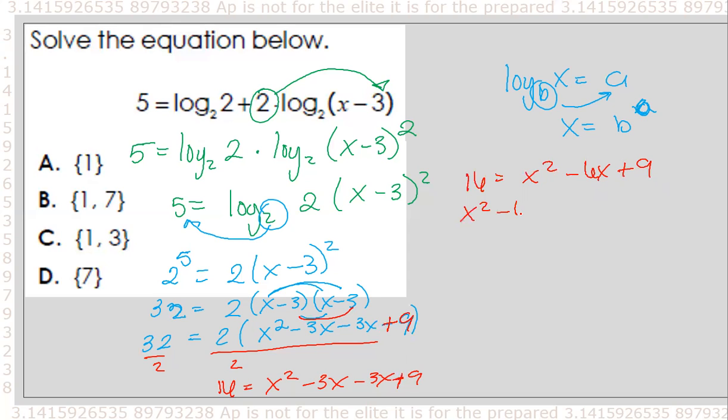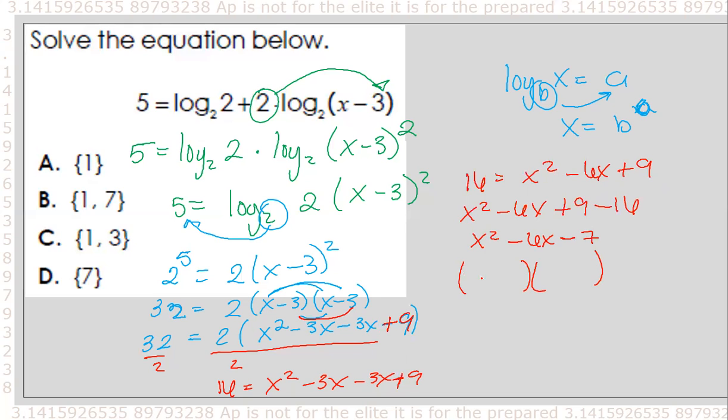So we got x squared minus 6x plus 9 minus 16. And we can simplify this: 9 minus 16 gives me a negative 7. So from here, we can actually factor this. So what would be the factor of x squared minus 6x minus 7?